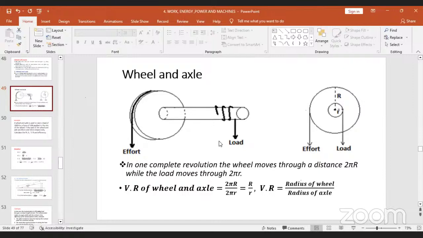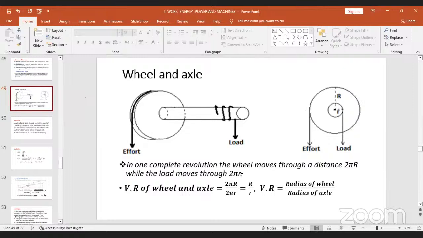In one complete revolution, the wheel where we apply the effort moves through a distance of 2 pi R capital, while the smaller wheel, where the load is attached, covers a distance of 2 pi small r.